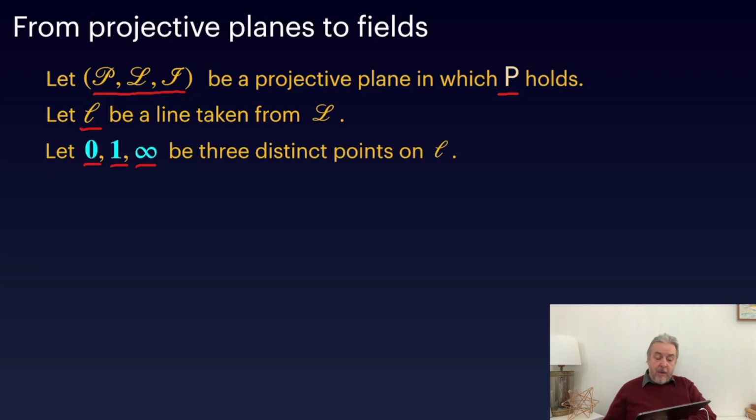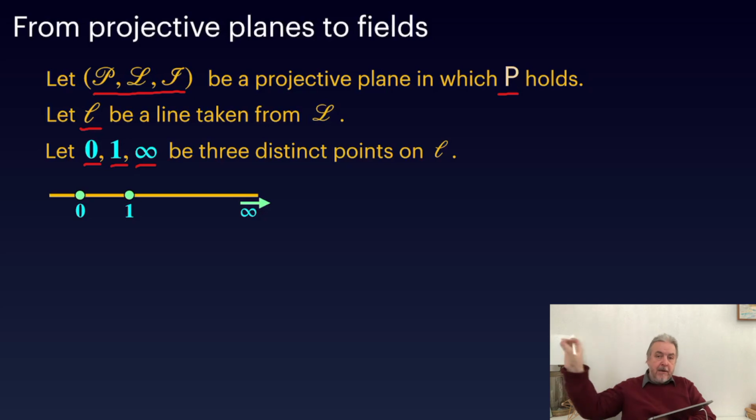So we have a line, we have 3 points on that line, and if you want to think in pictures, then you may consider this line to be the yellow line in that picture here, 0 and 1 being placed at one point, and it may be a good idea to think of infinity being very far out. But one important disclaimer at that point: whenever I will draw a picture in that lecture, and I will draw many pictures in that lecture, these pictures are only diagrams.